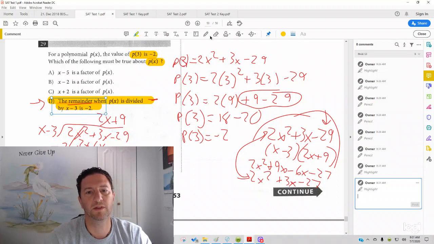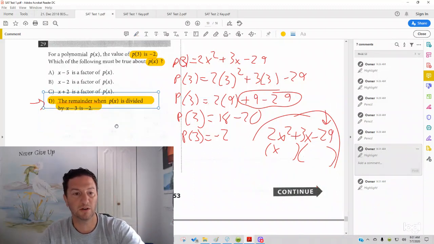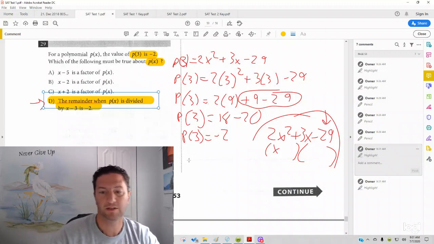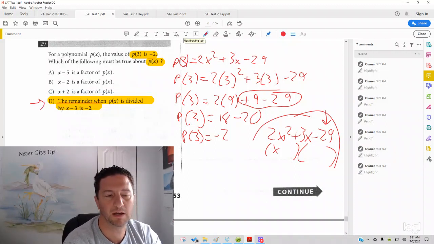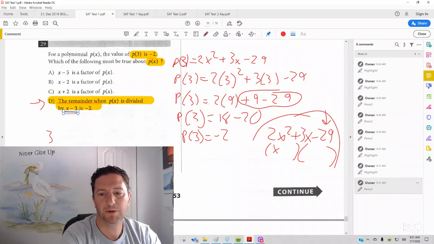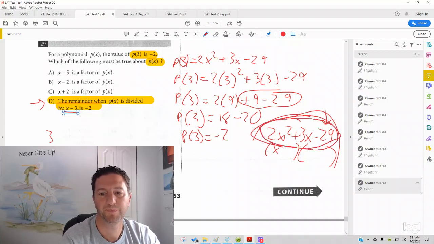Now, one thing you could do here is synthetic division. That could be quicker. So, if I took my original, but I'm going to divide by x minus 3, I'm going to put a positive 3 out here. And then I'm going to put the coefficient of each term of my original up top.